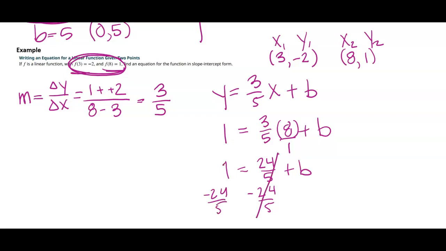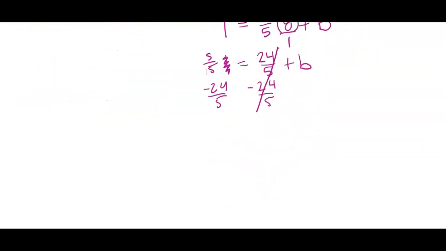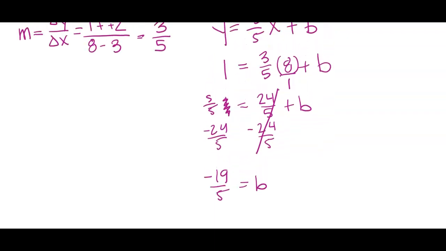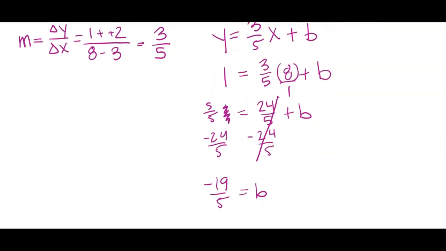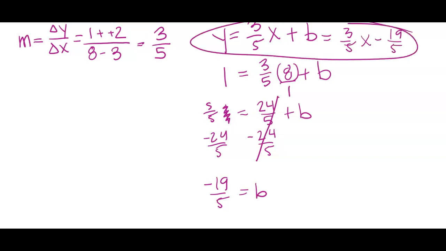If I change 1 to be 5/5 so that I have the same denominator, then I'm going to end up having -19/5 for b. So not a nice intercept, but I can then just plug this back in. So 3/5 x minus 19/5 for my answer here.